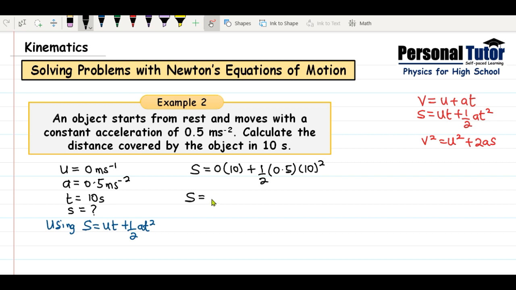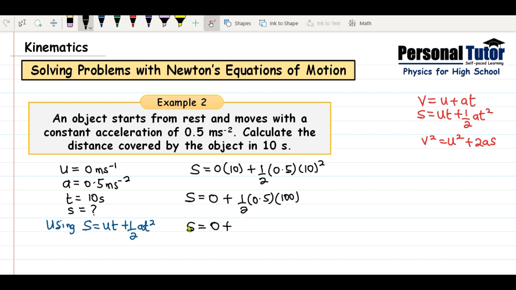Already, this will amount to 0 plus half of 0.5, then 10 squared is 100. s equals 0 plus half of 100 is 50, and 50 times 0.5 will be 25.